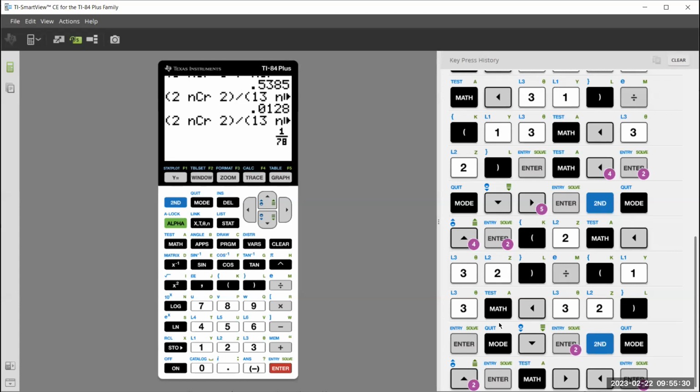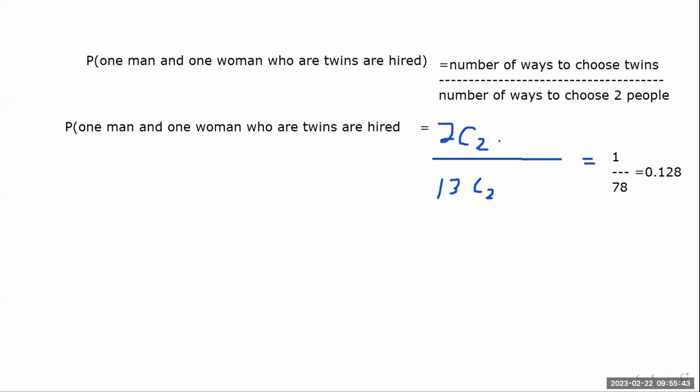So we have 1.28%. Now let's take a quick look at the key. This is number 3D, if you're following. Okay, now let's take a look.